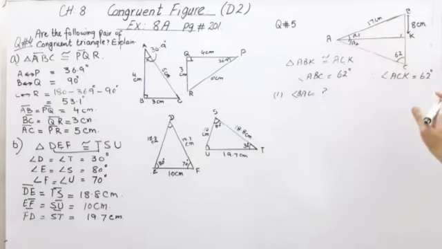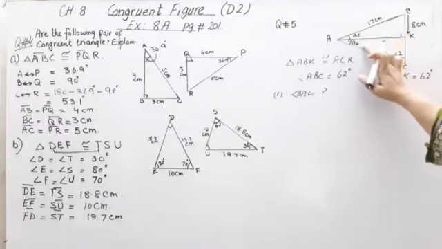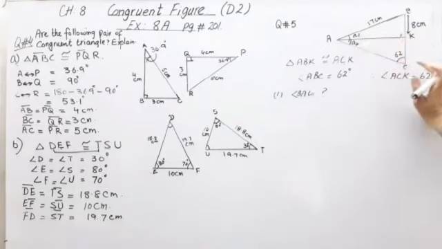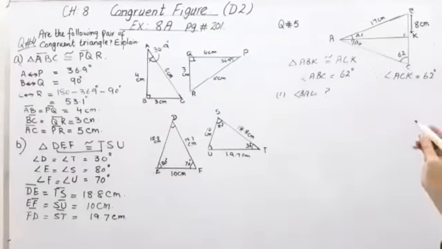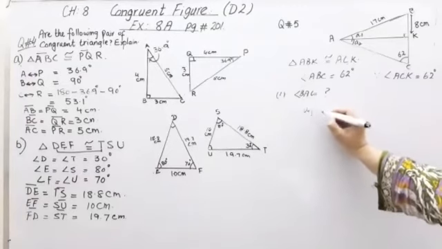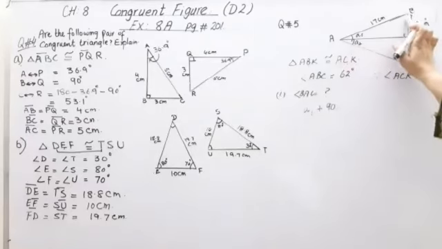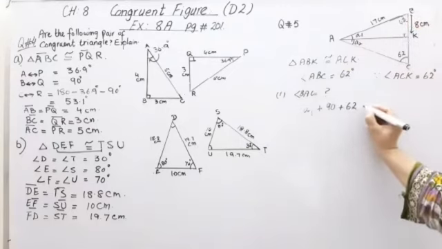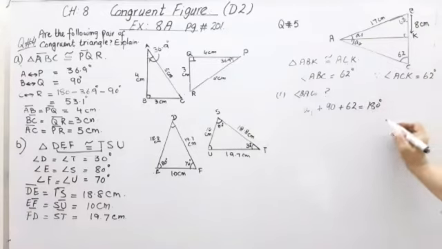Both angles are the same because their vertices are the same. So whichever value A1 has, that value is also A2. So BAC we find like this: A1 plus 90 plus 62, because this is also 62, equal to 180, because the sum of the angles of a triangle is always 180.